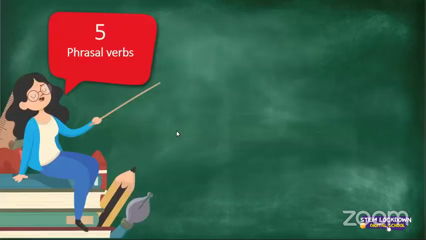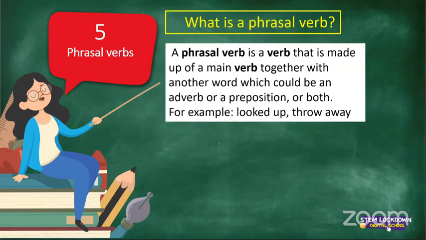Okay, let's go on to phrasal verbs now. Some people wrote their answers in the chat box, and I'm well done. So let's look at phrasal verbs. Do you remember that a phrasal verb is a verb that's made up of a main verb and another little verb with it, which could be an adverb or a preposition or both?